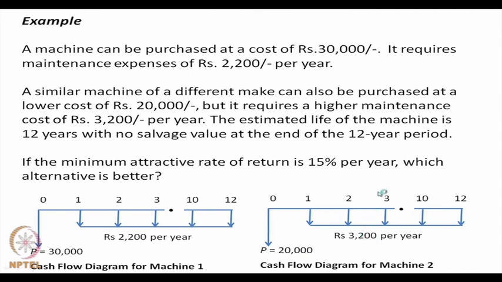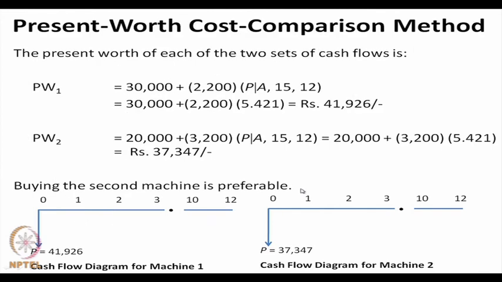This is very simple. So, the idea for the present worth cost comparison method is to discount all cash flows to the present for machine 1 and for machine 2 and then find out which is lower, and go for that particular alternative.